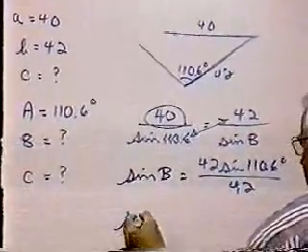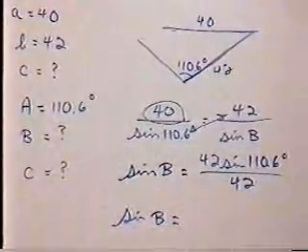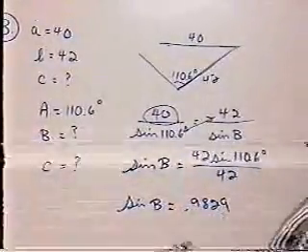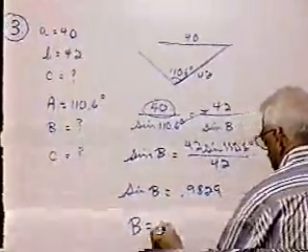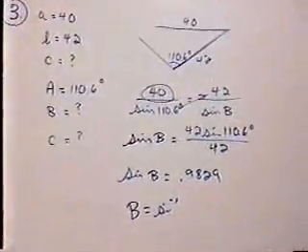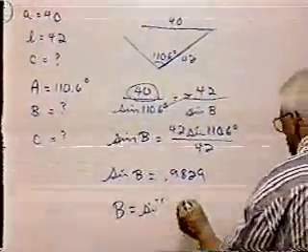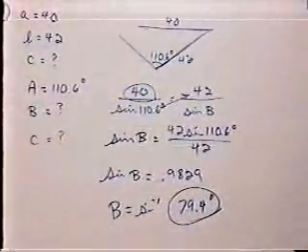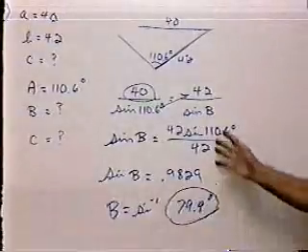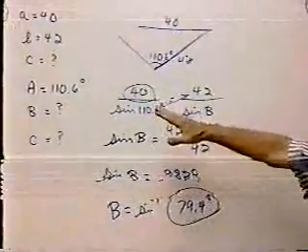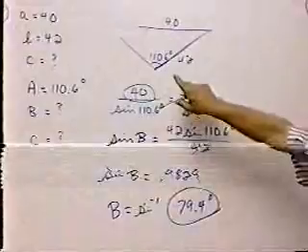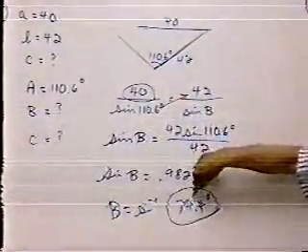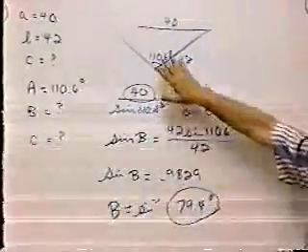And so the sine of B is equal to this decimal, 0.9829. And then B is the inverse sine of that, which gives us 79.4 degrees. Now, whoa, that doesn't work. Look back at what we were given for angle A. Angle A is 110.6, and that's almost 80. That's 190 degrees. It won't work.